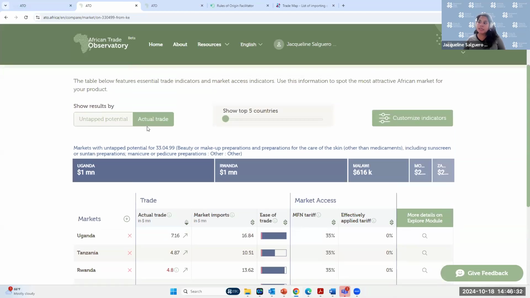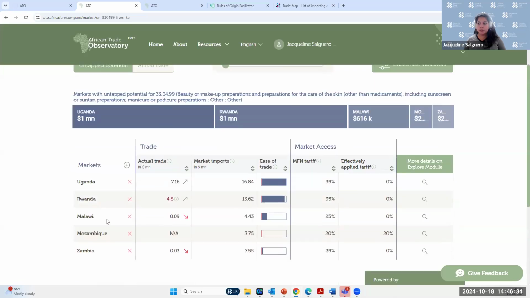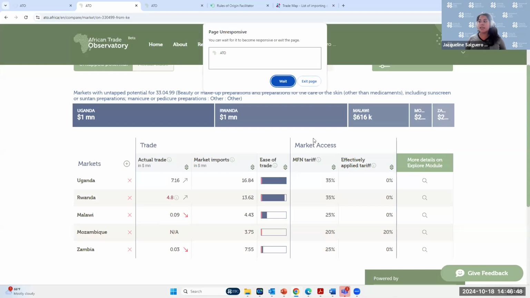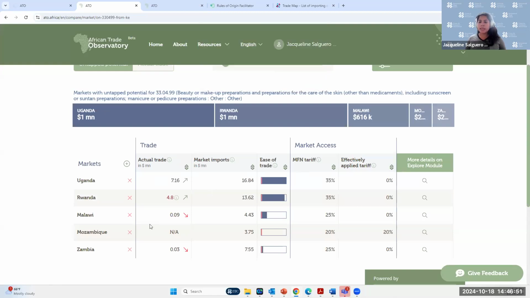And you will ask, why is it interesting then to keep the untapped potential? Because you will see that there are countries where there is no data available. For instance, in Mozambique, we don't have information yet for the latest year, 2023. But we know, based on the data we have collected from the last 5 years, that there is a lot of potential in this country.